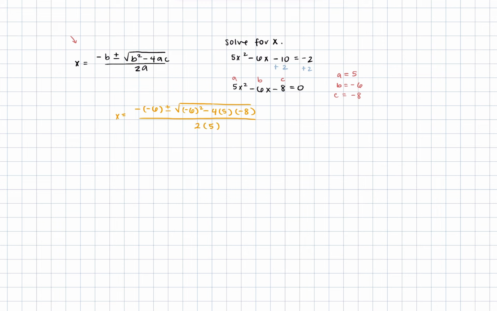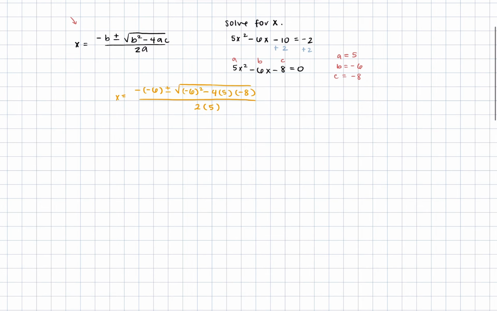And we can simplify this. We know that negative times negative is positive, so this becomes 6, plus or minus.